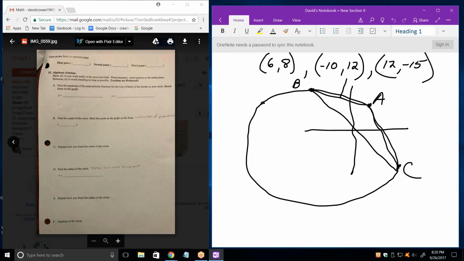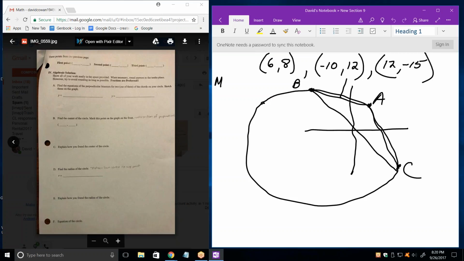So the first thing is, what's the slope of chord AB? Because if we can figure out the slope of chord AB, then we'll know the slope of its perpendicular bisector. What's the slope of AB?